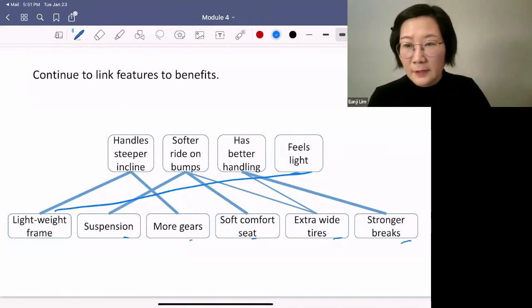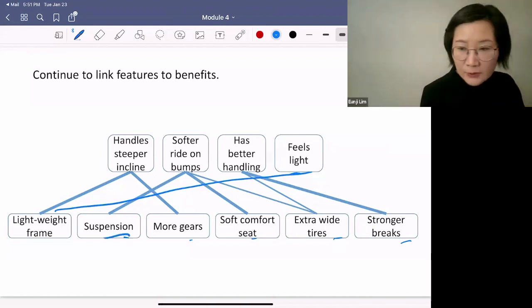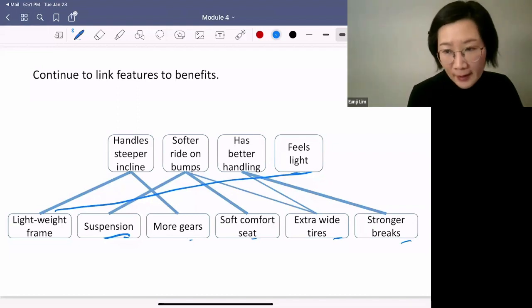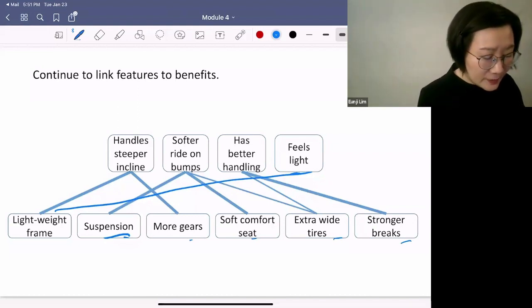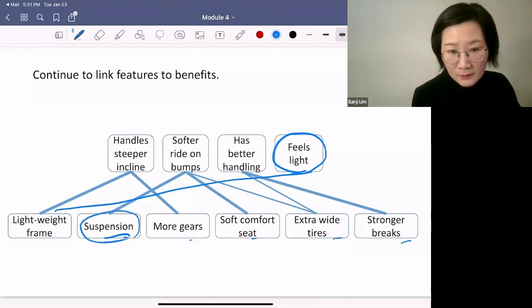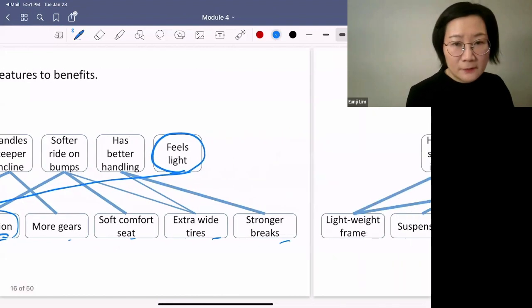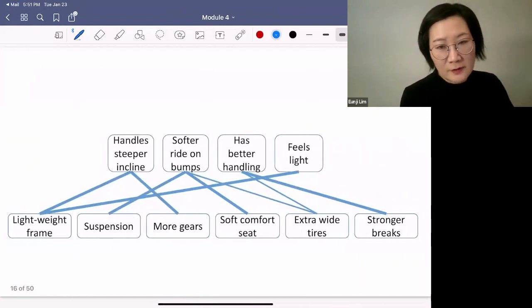Now you can notice that some of them are negatively related. For example, if you want to add more suspension, your bike will be heavier, so there is negative relationship between feels light and suspension. So for this, let's identify all the features that take away from a benefit satisfaction.